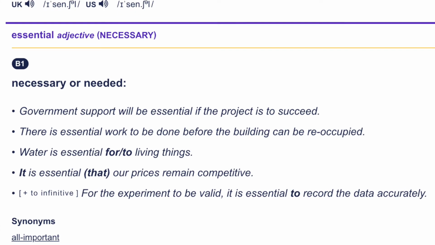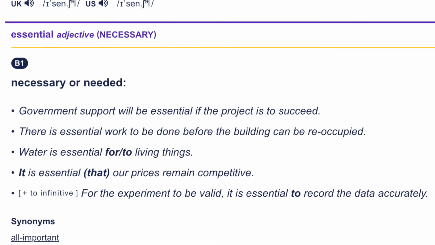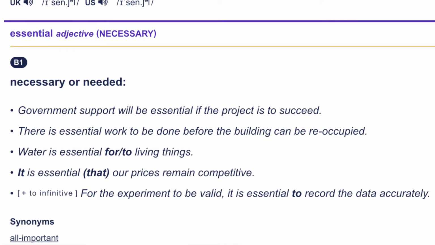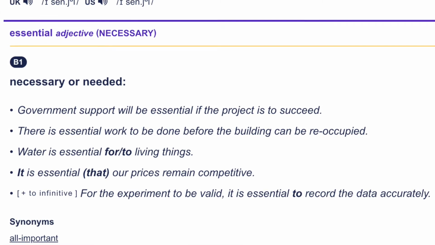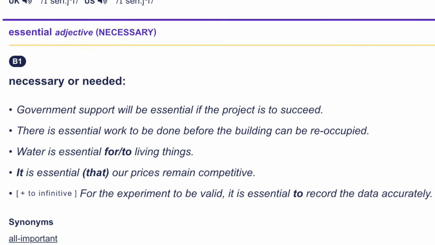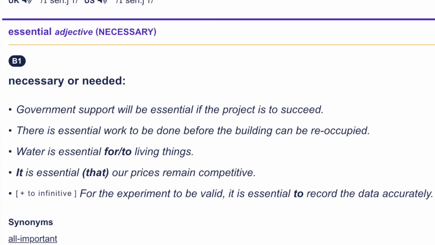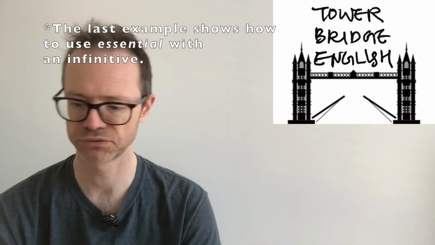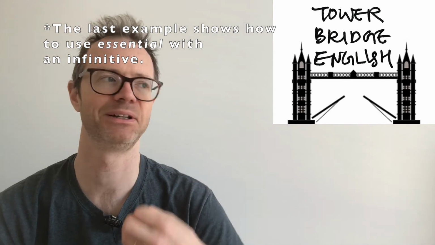That's what we call a dependent preposition, an adjective and preposition pattern that go together, and we can discover this by looking at the dictionary. And then the next sentence, it is essential that our prices remain competitive. So you've got an optional pronoun there you can put in. Just by looking at those quick examples, you can already learn a lot about the word essential.